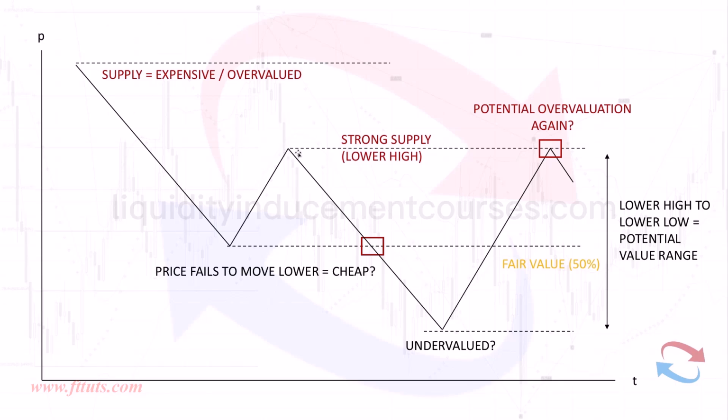Then this becomes the strongest area of supply. And again, do we have a potential overvaluation when we come back up into this zone?